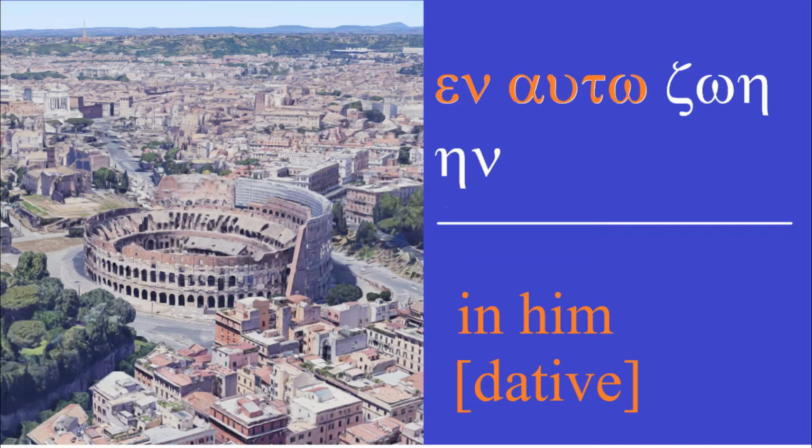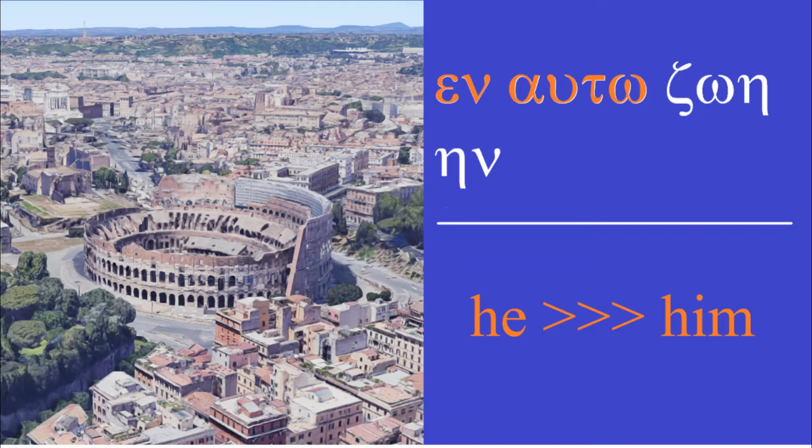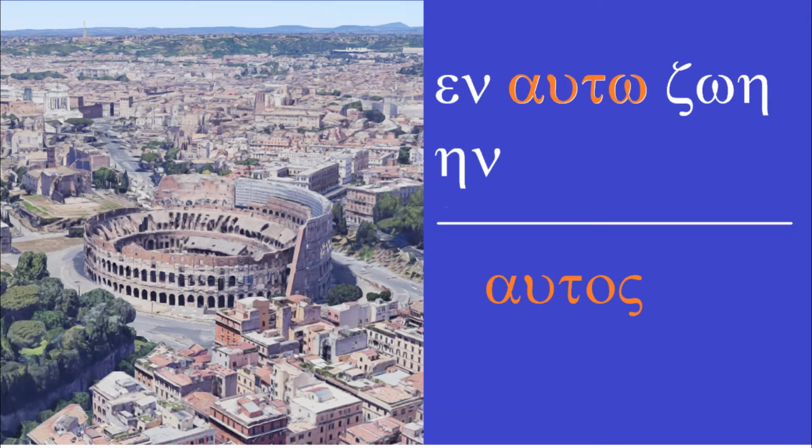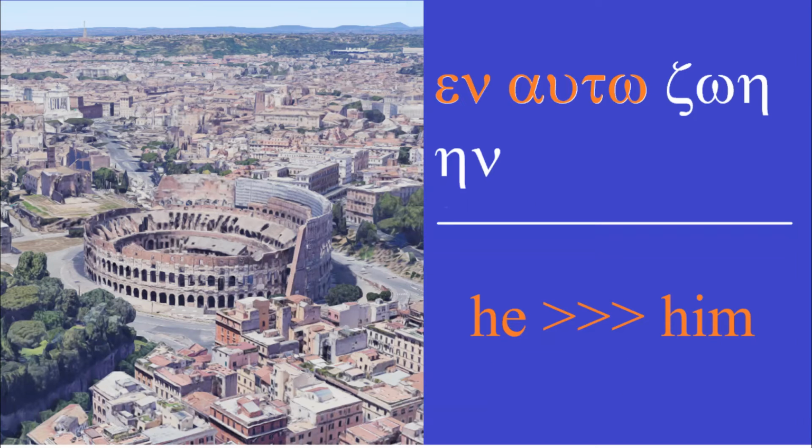Just like in English, Greek nouns will change endings when they go into the dative case. Greek "he" is autos. Notice that masculine ending, os, or omicron sigma, like in logos. In English, "he" becomes "him" when we put it into a prepositional phrase. Greek does the same thing.